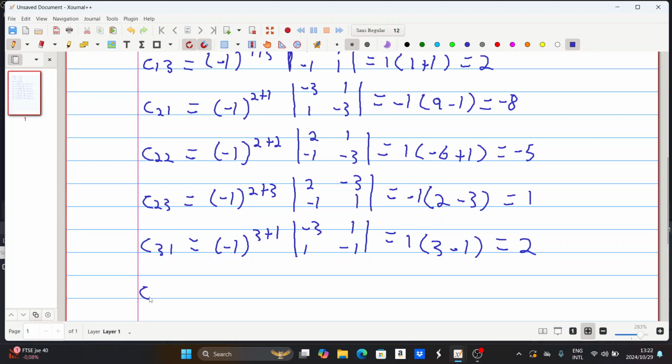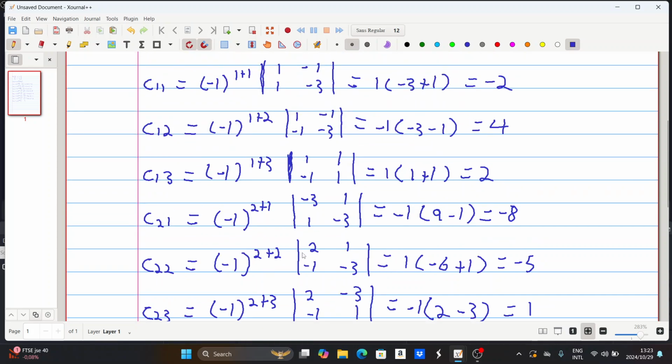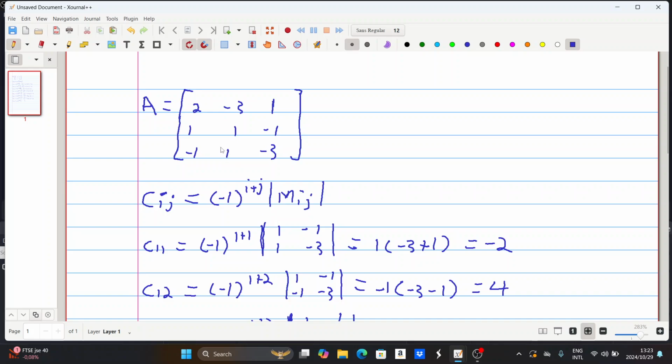And then we're going to go to C3,2, which is still going to be minus 1 to the power 3 plus 2. You rarely find a video where they do all the cofactors. That's why I wanted to do all of them. So 3,2. Let's go to our matrix again to find the 3,2. So we are here.